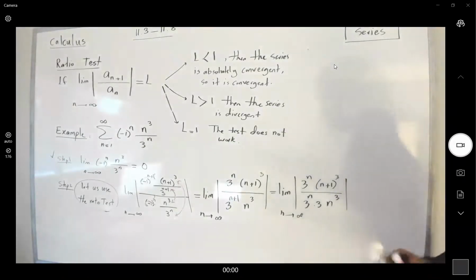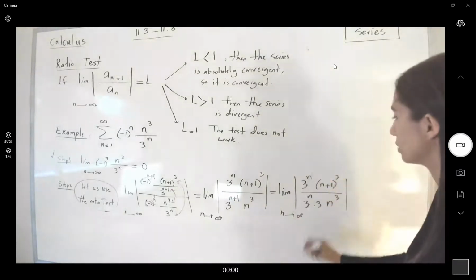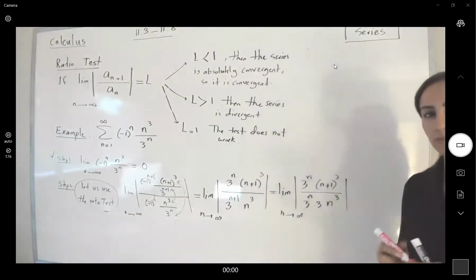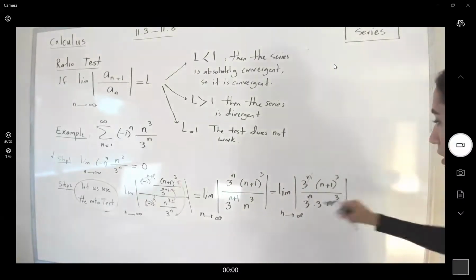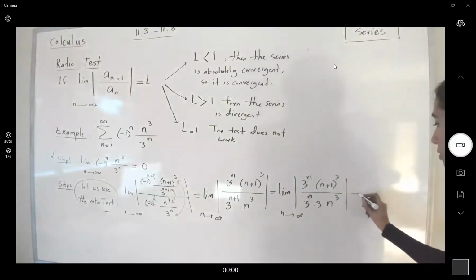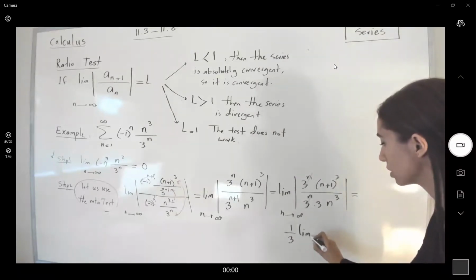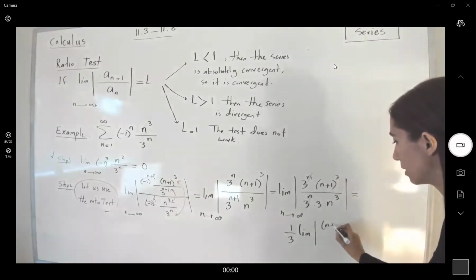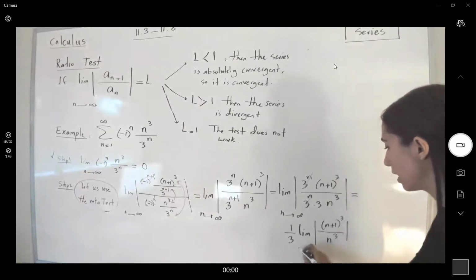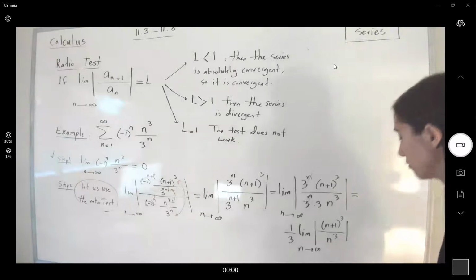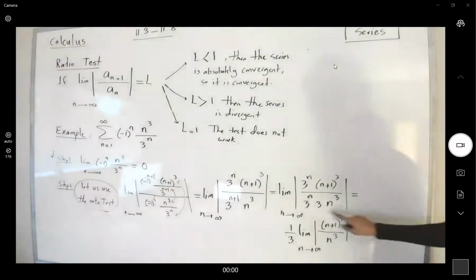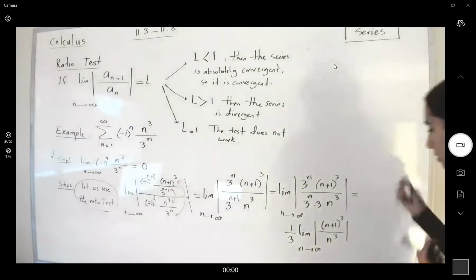As you can see, we can cancel out 3 to the n, 3 to the n. What's left? 1 over 3 is left. So you have 1 over 3 times the limit of absolute value of n plus 1 to the third divided by n to the third, n goes to infinity. But this limit is equal to 1.